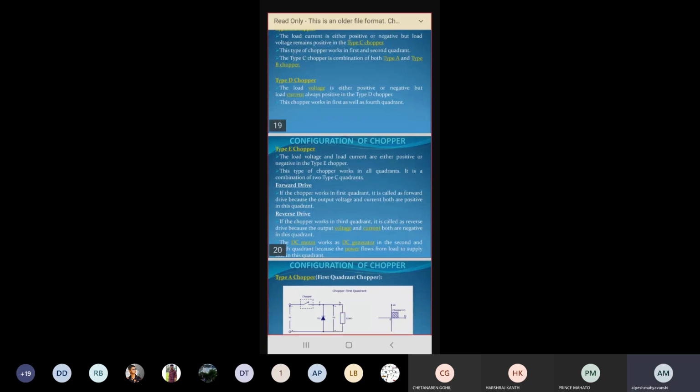Type E chopper is also known as the four quadrant chopper because it works in all quadrants.